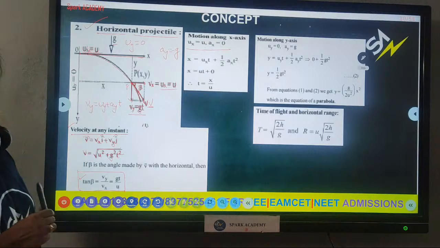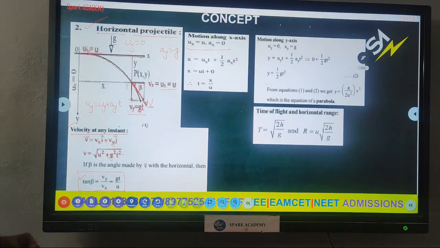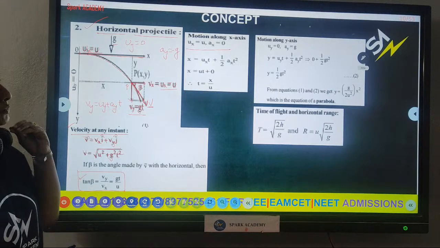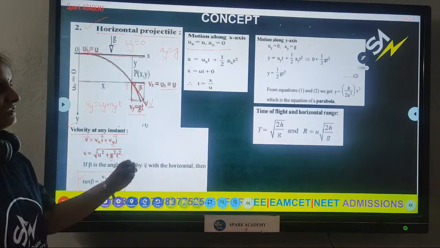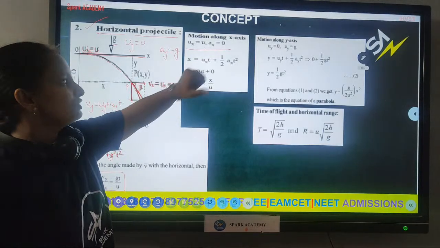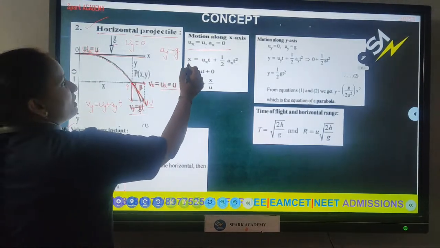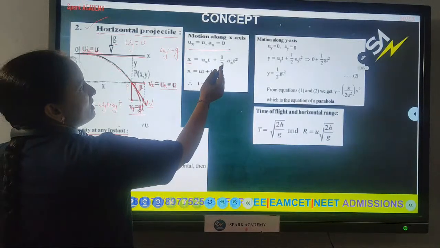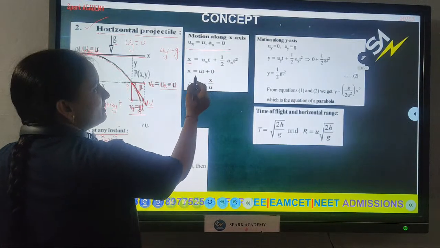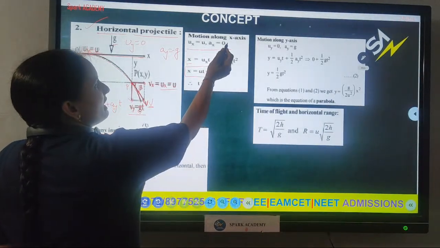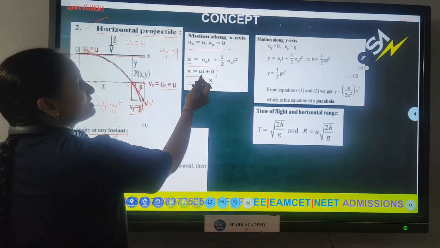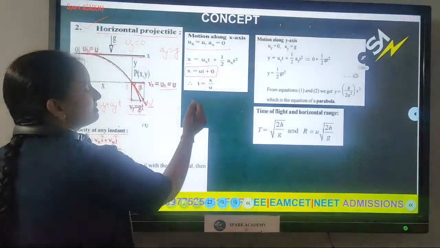We know that in projectile motion, along the x direction, the object moves with uniform velocity, so acceleration is 0. And displacement along x direction is ux into t plus half ax into t square. Then ux is u, put ax 0, then x is equal to ut we will get.